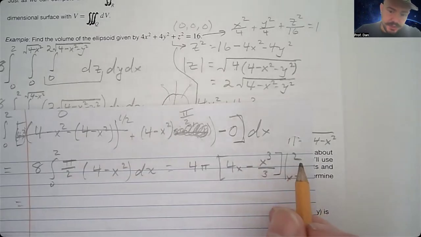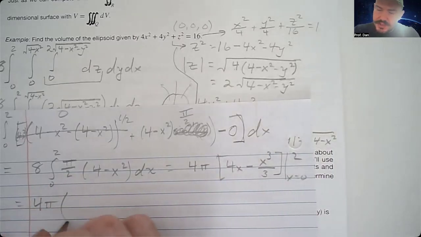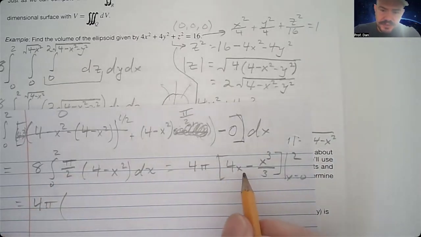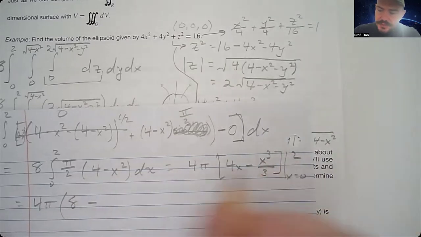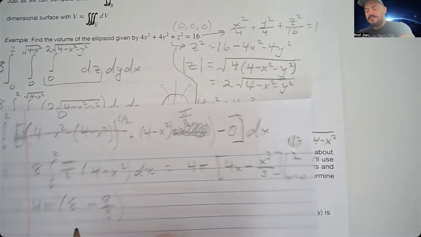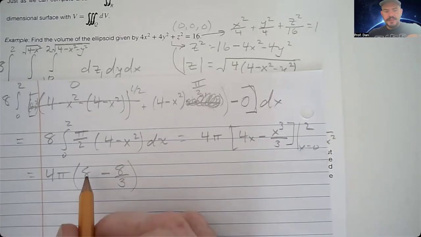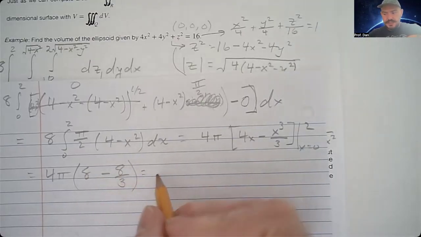So I really just need to plug 2 in. So I'll get 4 pi, my factor that's waiting outside, times 4 times 2 is 8, minus 2 cubed over 3, so minus 8 thirds. And then if we math this a little bit, that's 24 thirds. If I subtract 8 thirds from that, I get 16 thirds.